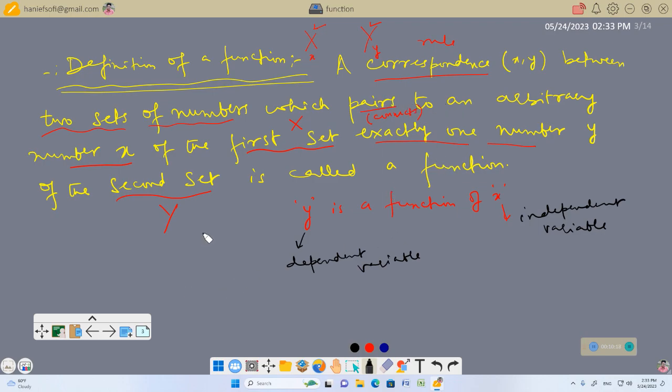We can express this definition of the function, or we can express any function using a Venn diagram, right?